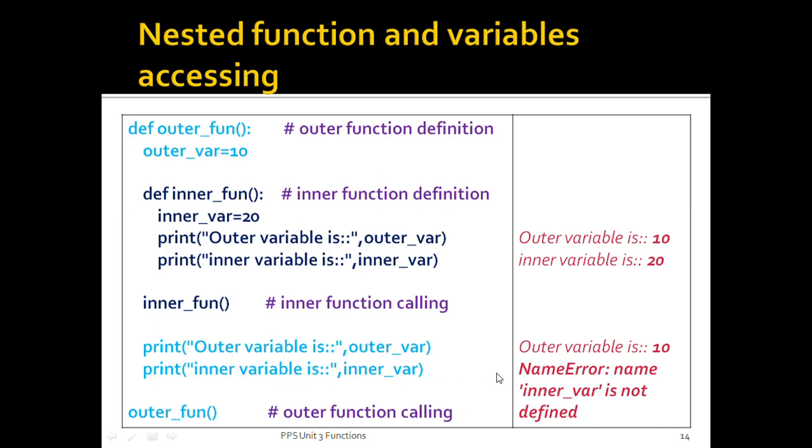In that case there will be an error, as the inner variable is local to the inner function. So you cannot access that inner variable outside the function. That is a rule.